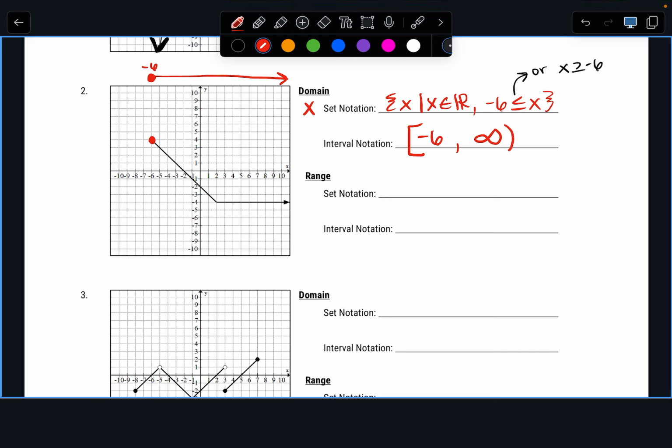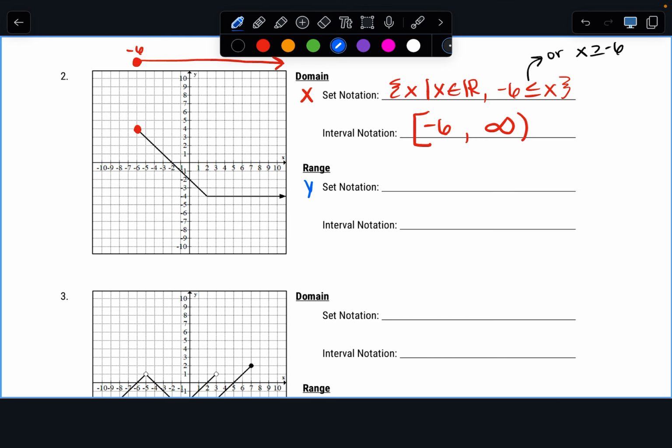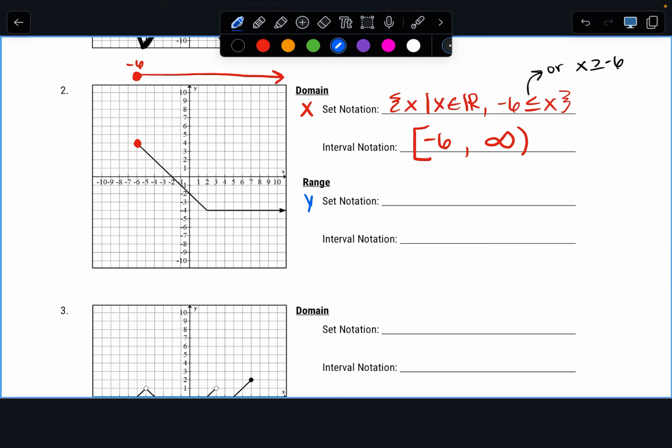Let's talk set notation for range. Range is going to be my y values. A lot of people in the many years I've taught this have said, well, how do I know there's a point there? How do I know that that's a part of the domain or a part of the range? If you see the line on the graph, if you see that there is a line there, we assume there is a point there.